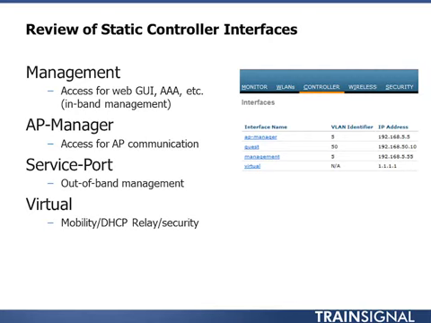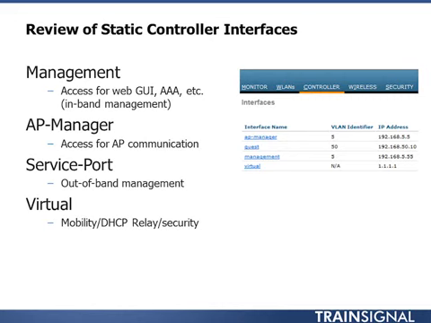So the management interface is actually really important for that kind of configuration. You'll also be using the management interface on the IP that you've given it as your way that you will access the web GUI for the wireless LAN controller.